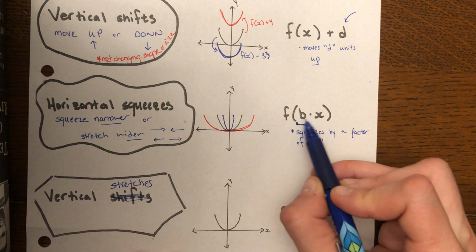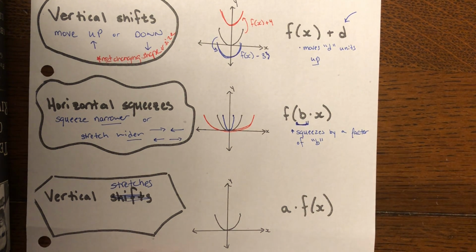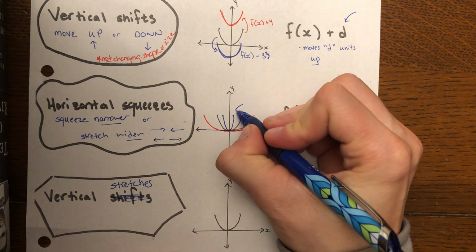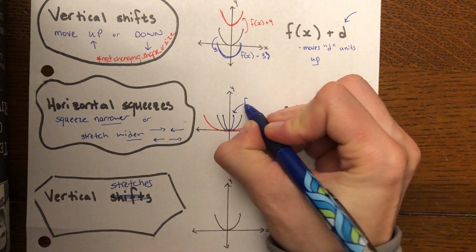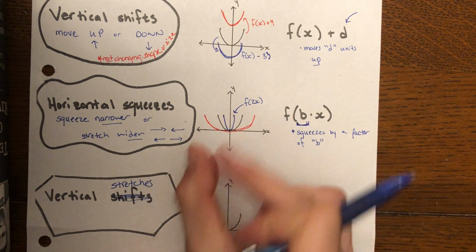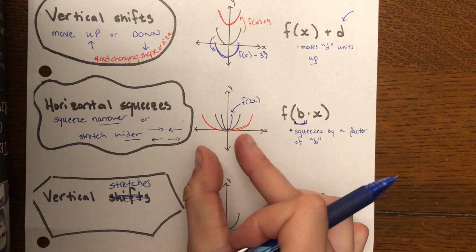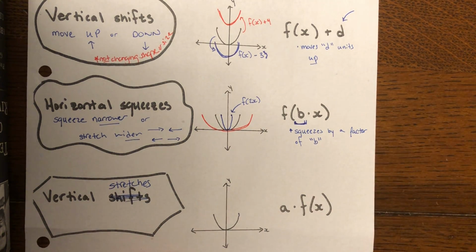Now this is multiplicative in nature, and so if I'm squeezing by b, this might be something like f of 2x, because I've squeezed it by a factor of 2. So in this case, b being bigger than 1 makes it come in closer.